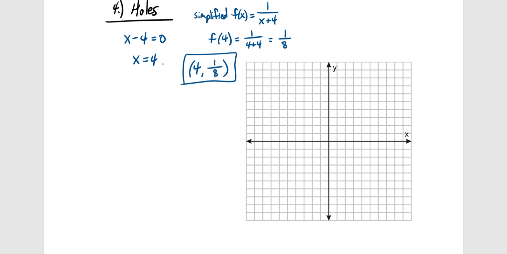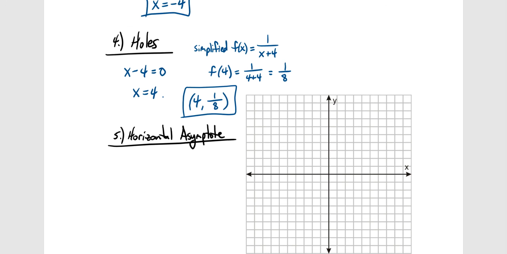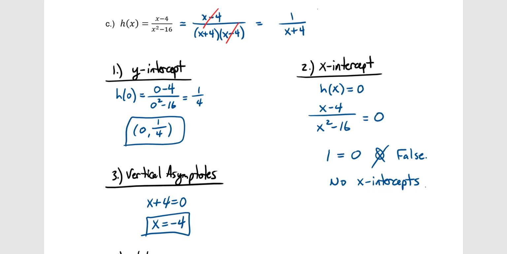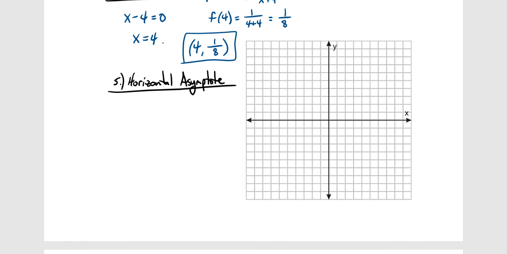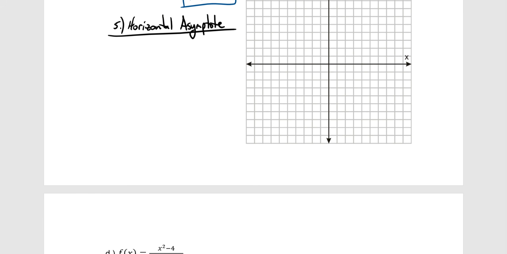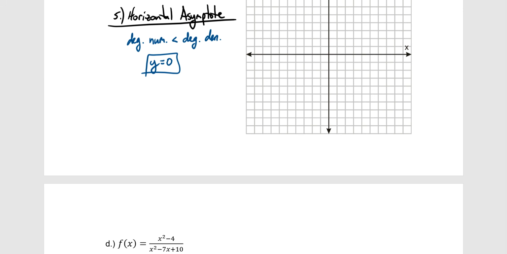And for the horizontal asymptotes, we have to take a look at the degree of the numerator and denominator. The degree of the numerator is 1, degree of the denominator is 2. So the degree of the denominator is larger, so there's a horizontal asymptote at y equals 0. And once again, technically we should check if it crosses. So you would set the function equal to 0 and try to solve it for x.